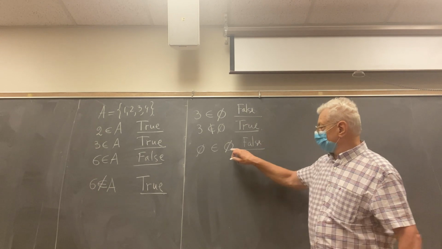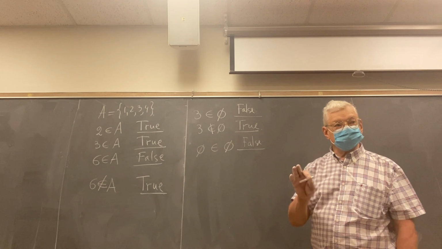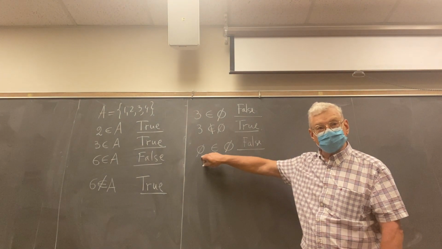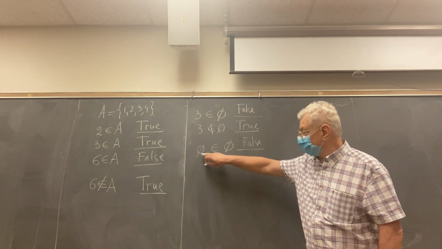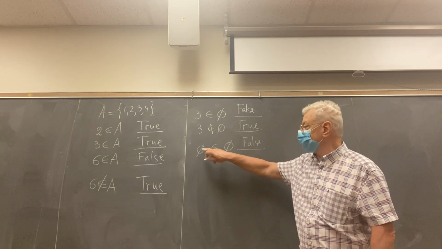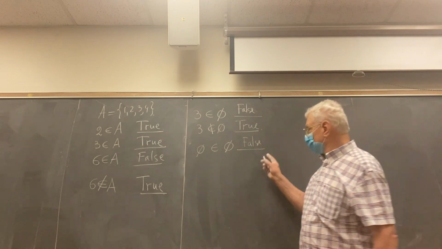Why? Because the empty set has no elements. If I write that some object belongs to the empty set, it means that the empty set has this object as an element, but it doesn't. So it's false, you're right.